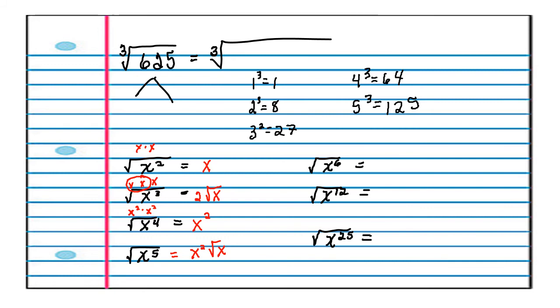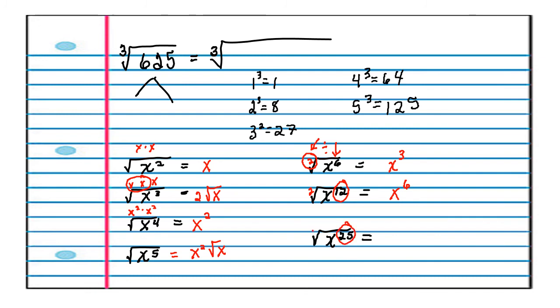X to the 6th power. Now remember, this is a square out here, and perhaps you're beginning to see a pattern here with the index, that if you take the number on the inside and divide it by the index on the outside, you're going to get the root. So if we had 12 in the 2, 12 divided by 2 goes evenly 6 times, we'd have x to the 6th.